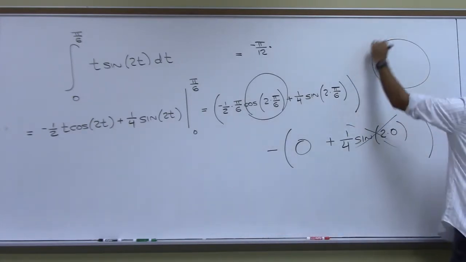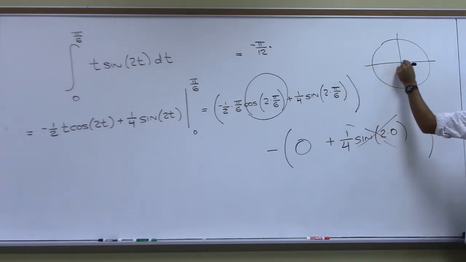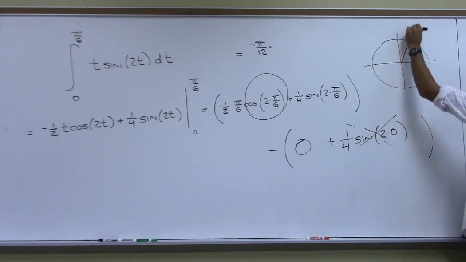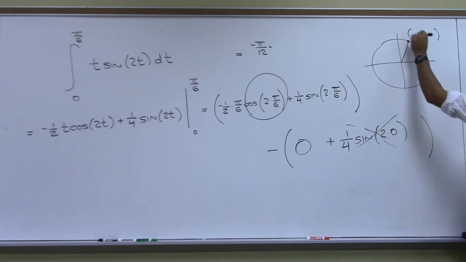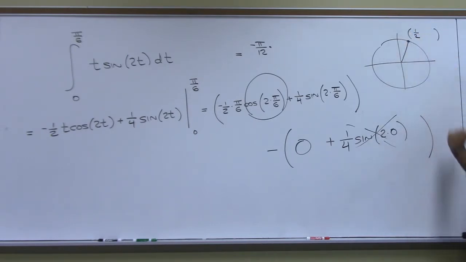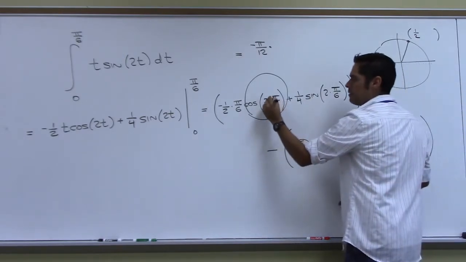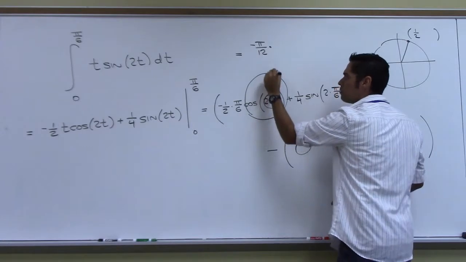Hold on. Where's pi over 3? 60 degrees. Right there. Cosine is which one of those points? The first one, which in this case is 1/2. So this right here, everyone okay? 2 pi over 6 is pi over 3.